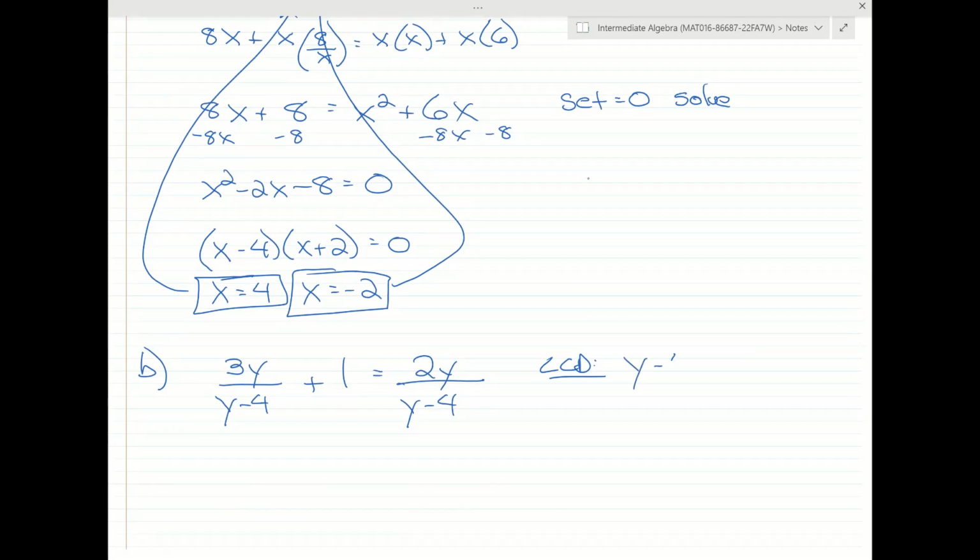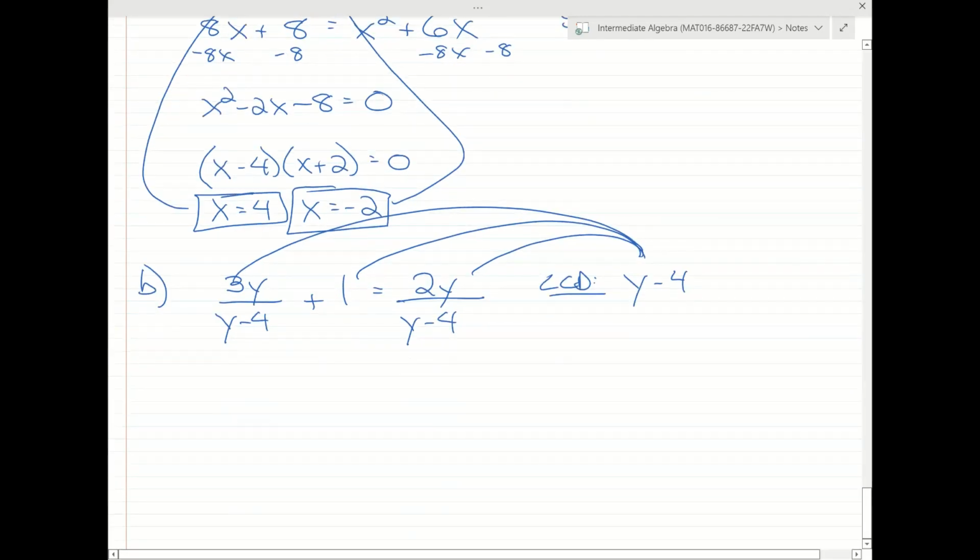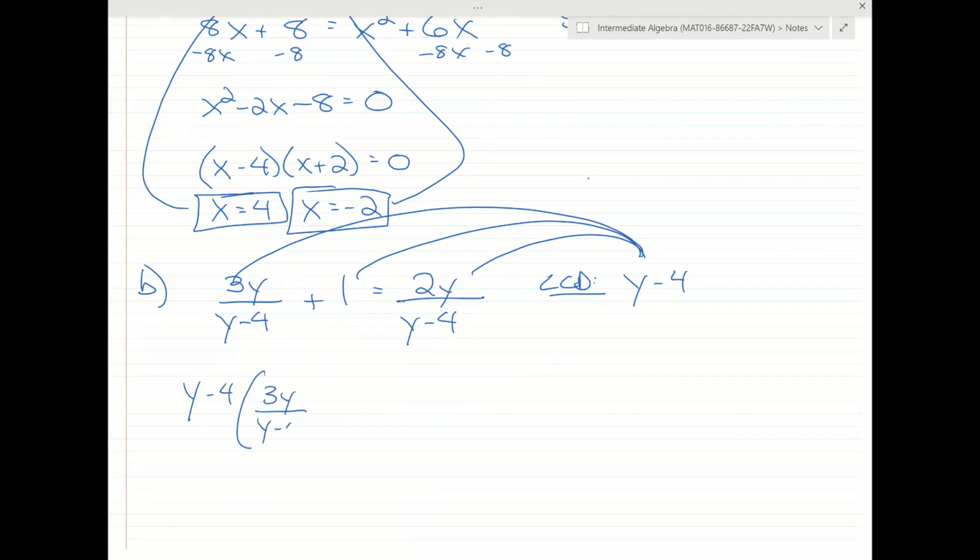In this case, it's y minus 4. And see what we get. Y minus 4 times 3y over y minus 4 plus y minus 4 times 1 is equal to y minus 4 times 2y over y minus 4.